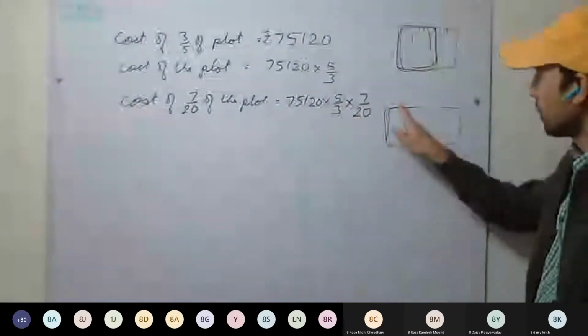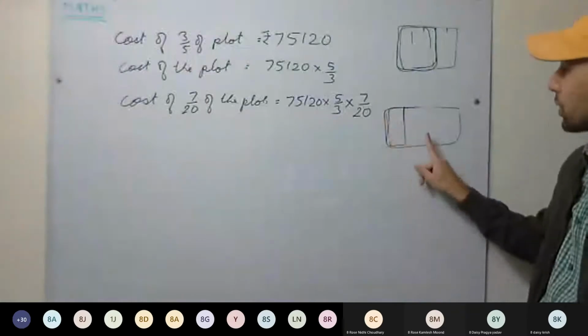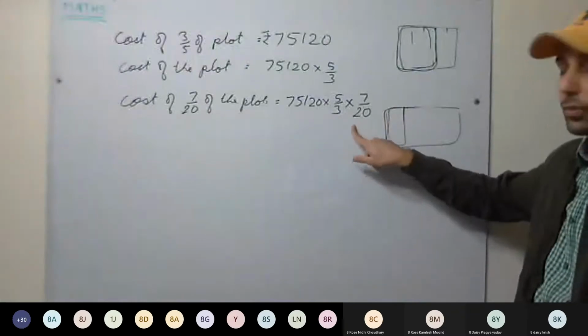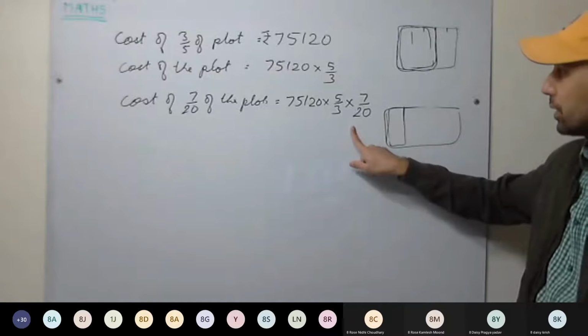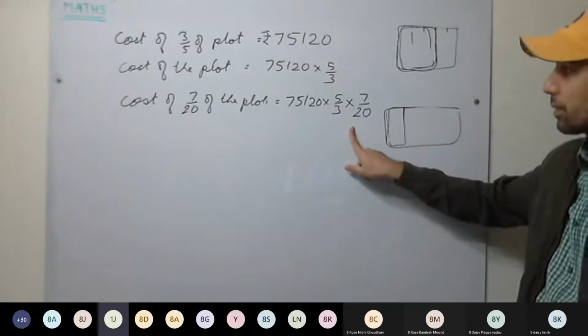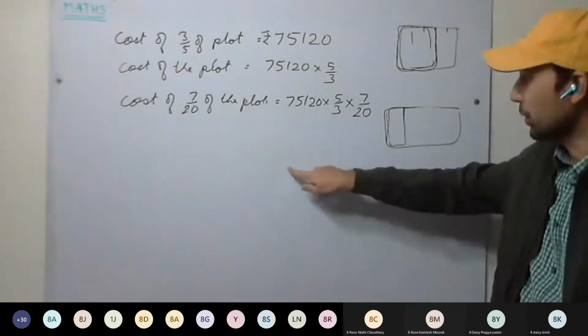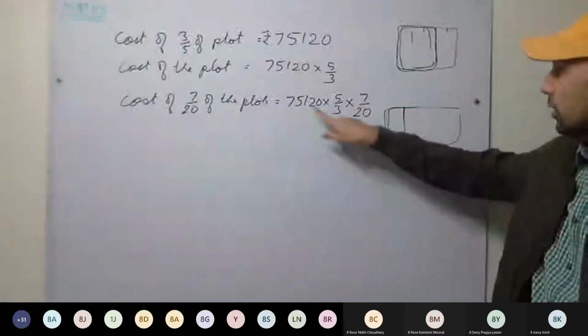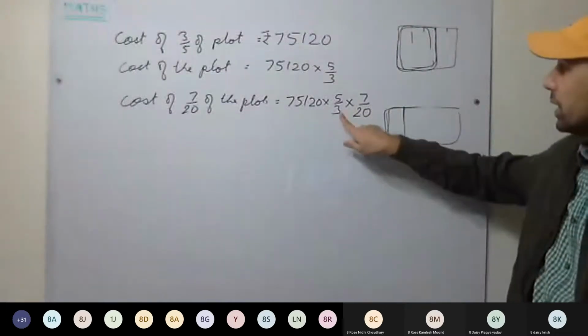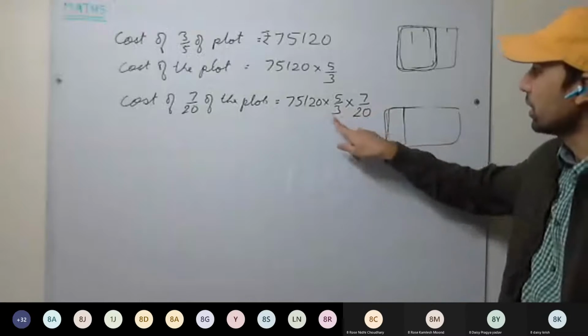So we'll get the cost of the fraction of the plot. Understood this one? Anyone have doubt? No, sir. Okay, then the cost of 7/20 is 14 rupees. Unit must be there. Okay, you can calculate it now. It is divisible by 3 as well.